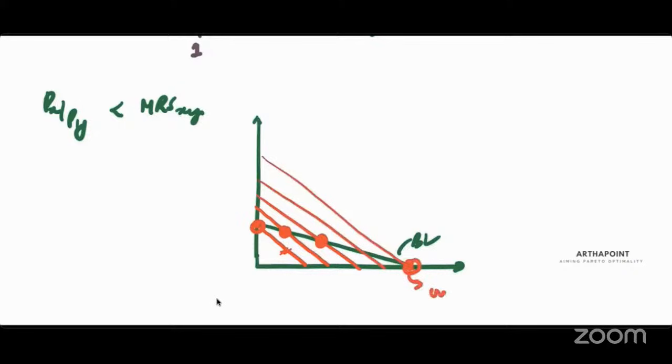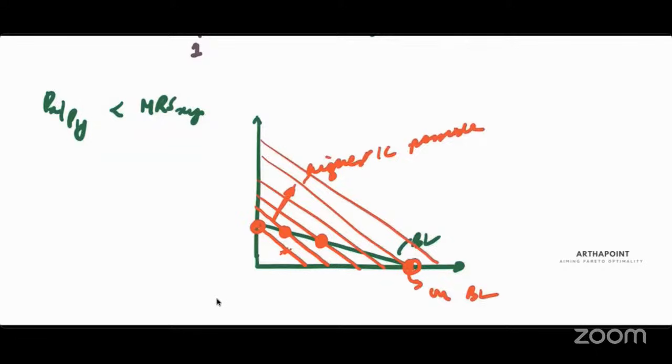This is also on the budget line, but I am on the highest indifference curve possible. Can I go higher? No, because then I would be above my budget line. No point of that indifference curve will touch the budget line.